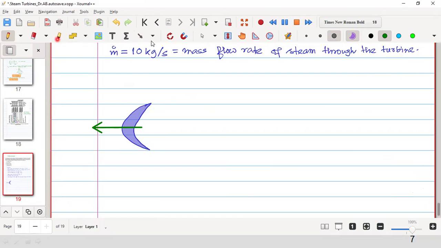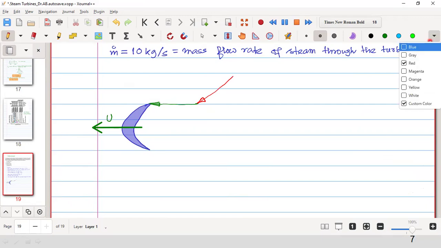So at the inlet, this is the velocity of the blade, U. This is the relative velocity, and the actual velocity is this one.